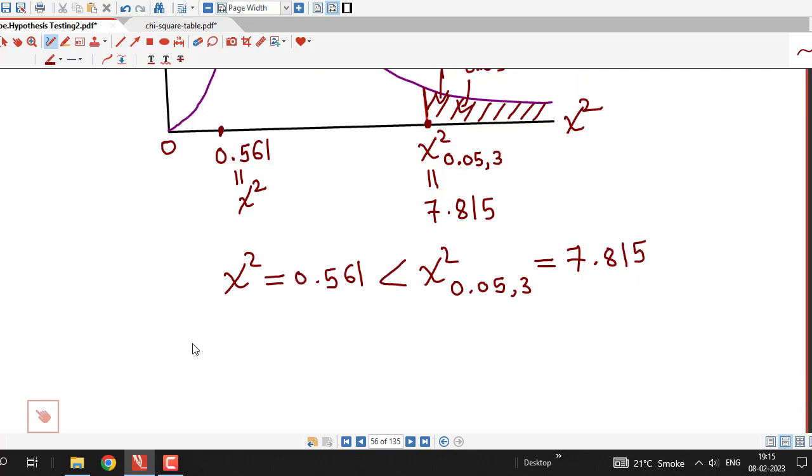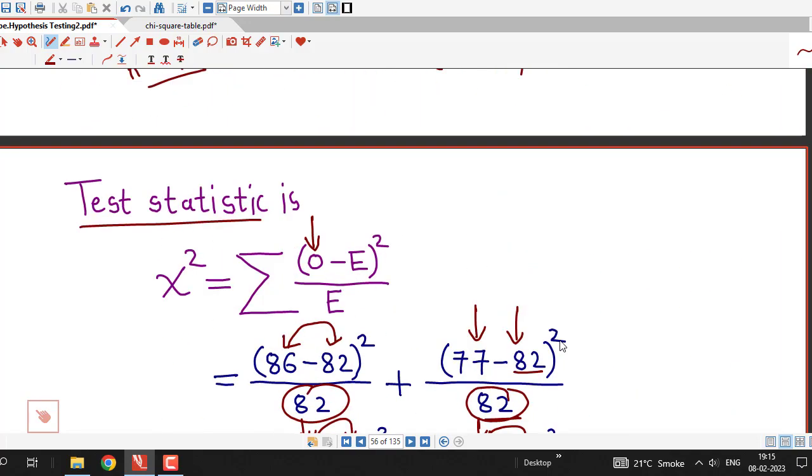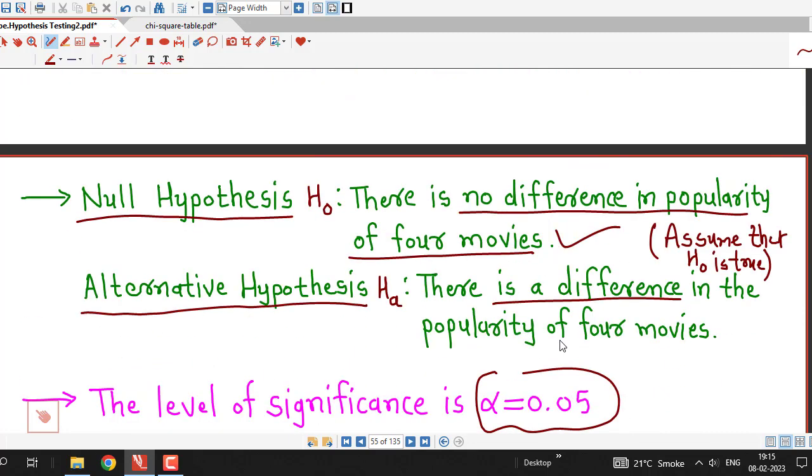7.815. This means we fail to reject the null hypothesis. And what is the null hypothesis? The null hypothesis is that there is no difference in the popularity of 4 movies. So we can say that the sample data provides sufficient evidence to fail to reject the null hypothesis, or we can conclude that from the sample data there is no difference in popularity of 4 movies at 0.05 level of significance.